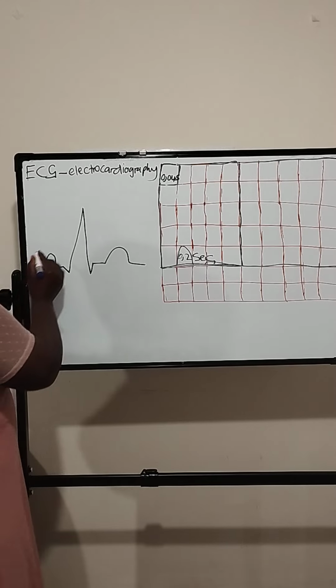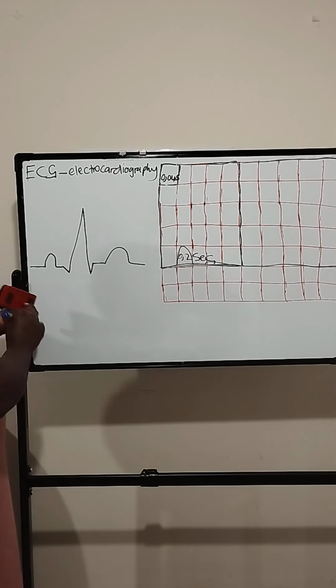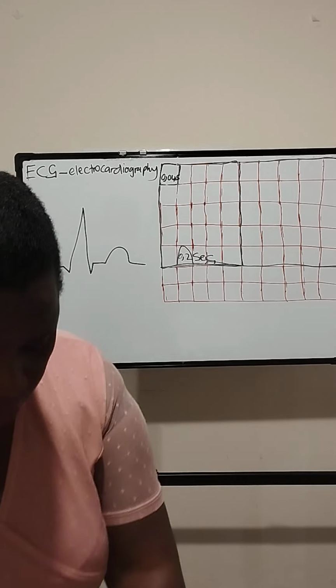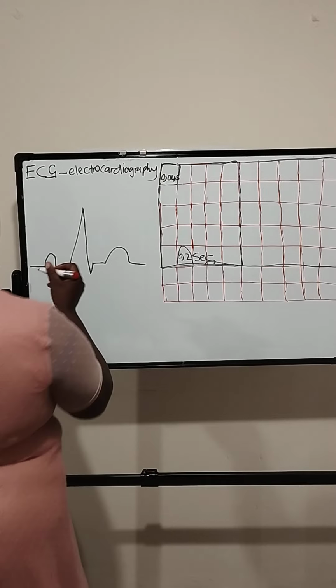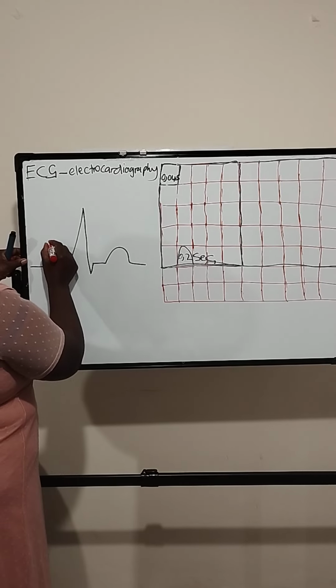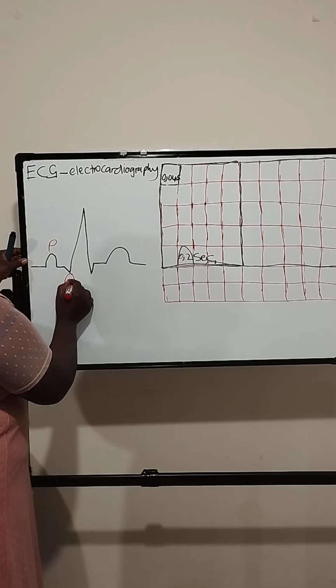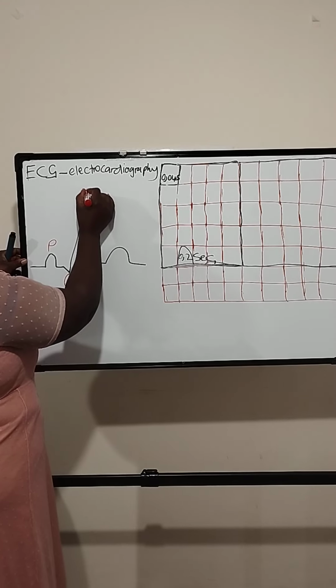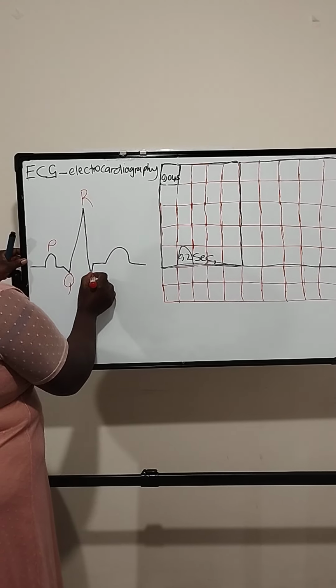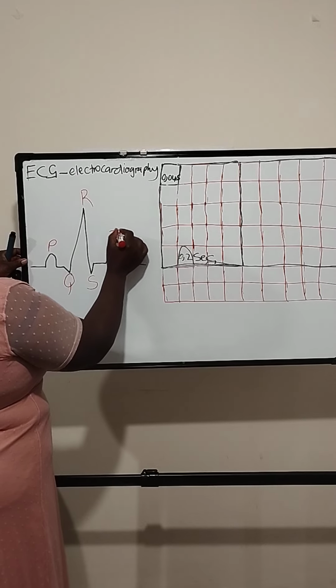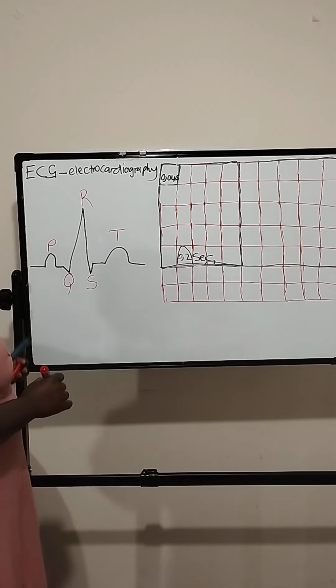The first wave is known as the P wave, followed by the Q wave, the R wave, the S wave, and the T wave.